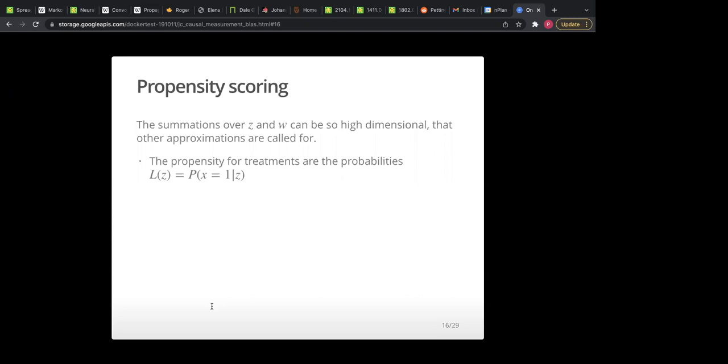So the propensity is the likelihood, given any particular combination of Z values, to have a treatment, yes or no. So you could, for example, build a separate model that tries to figure out, given these values of my confounder, how likely am I to have treatment? And this number is called propensity for treatment.